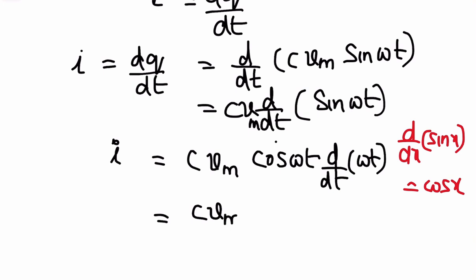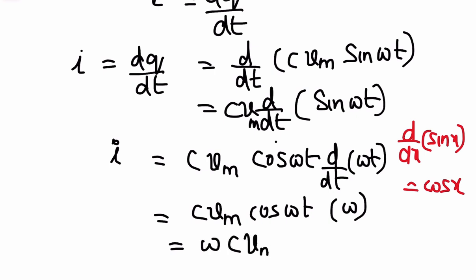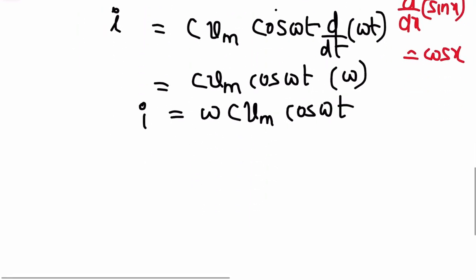So you can write it as omega C Vm cos omega t. This is the current which we got.